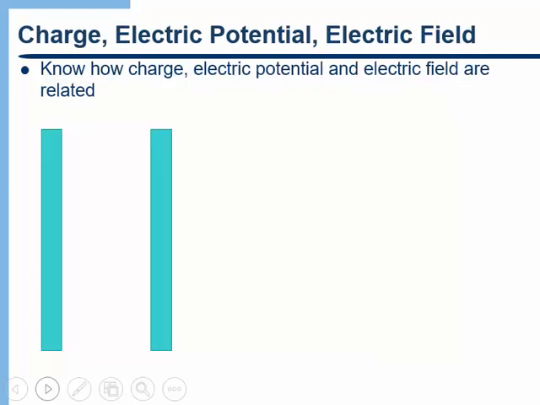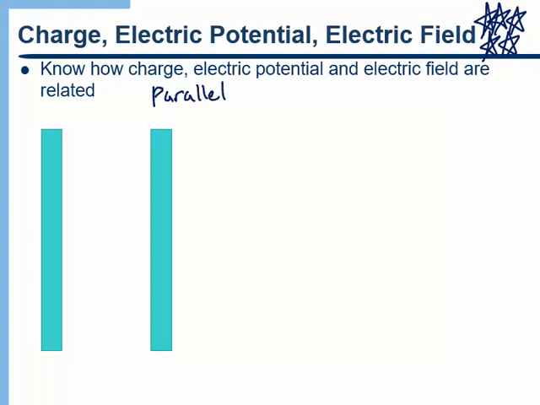All right, this is a really important slide. I'll put some stars on it just to remind you, like we usually do. I want to make sure you understand the relationship between the charges on these two plates. Again, right here, I'm denoting two parallel plates, like we've talked about a lot in class. I want you to understand the relationship between the charge on the plates, the electric field between the plates, and the electric potential difference between the plates.